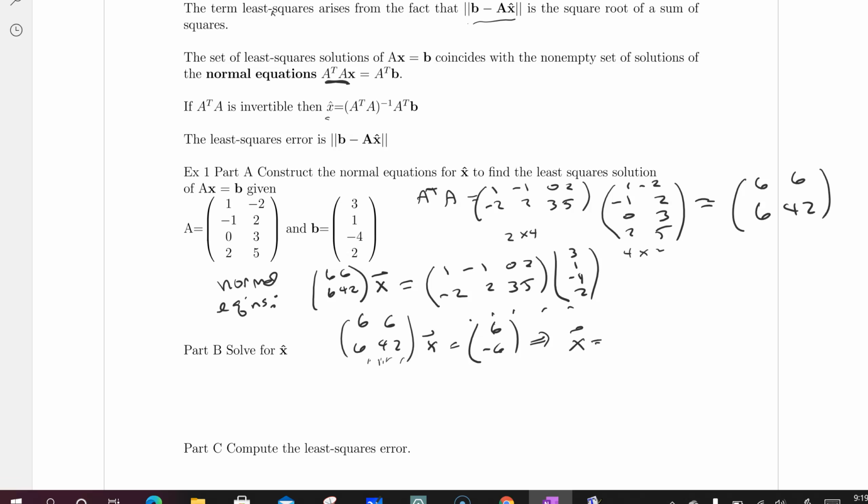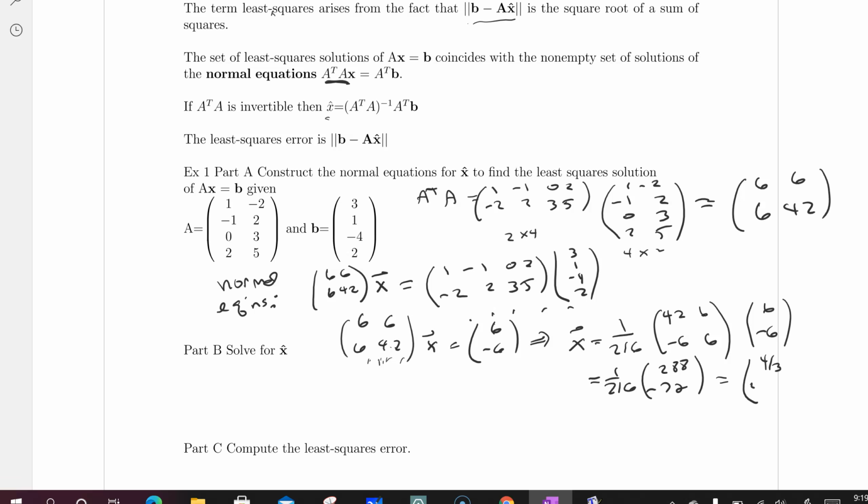Solving for x, the determinant is 6 times 42 minus 36, so this gives me 1 over 216 times the matrix where you switch these two and take the opposite of these two, multiplied by this. I leave the 1 over 216 outside and multiply these two things. Then I multiply the 1 over 216 in and use the fraction mode of my calculator.